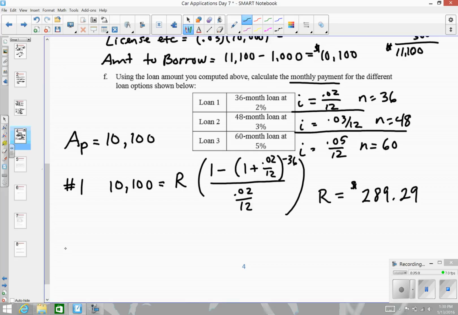Now I'm going to look at loan number two. Loan number two, still borrowing the same amount, but different interest rates and different number of payments. So I'm putting in a few different numbers here. This will be 1 minus 1 plus, in this case, 0.03 over 12. That one you might want to figure out as a decimal and add it to 1, and then just take that to the minus 48 power.